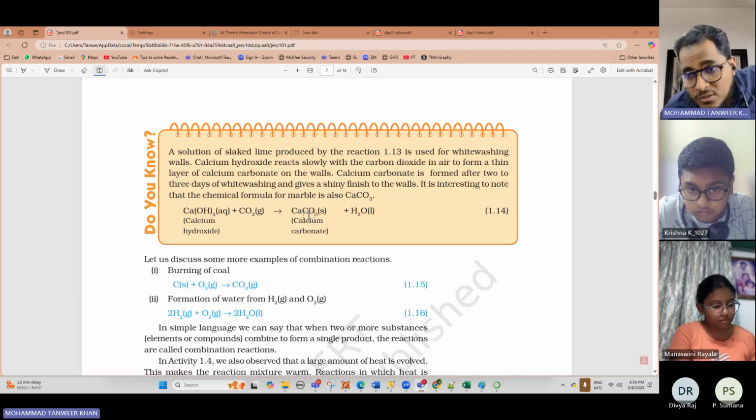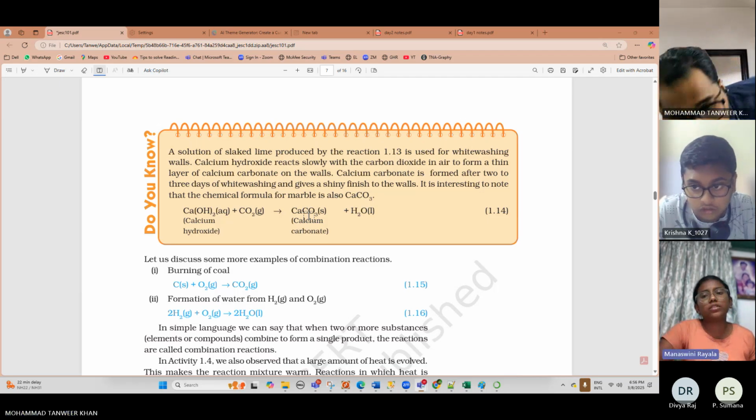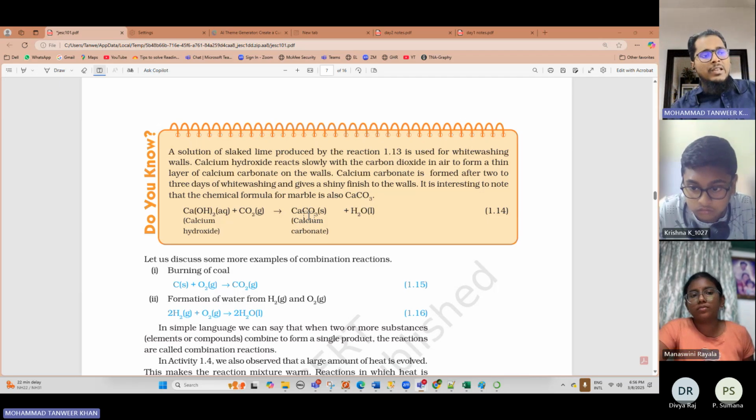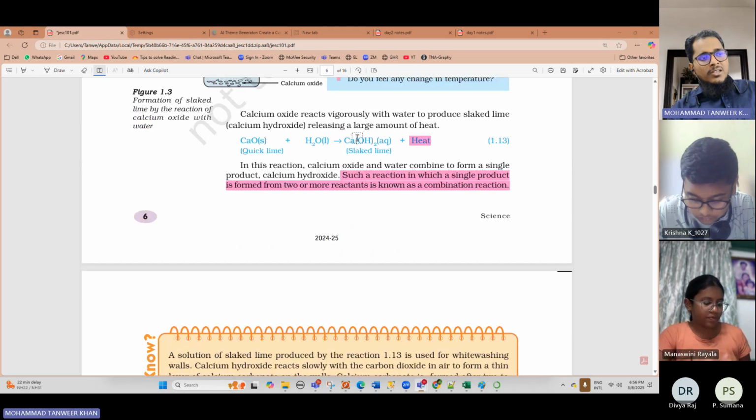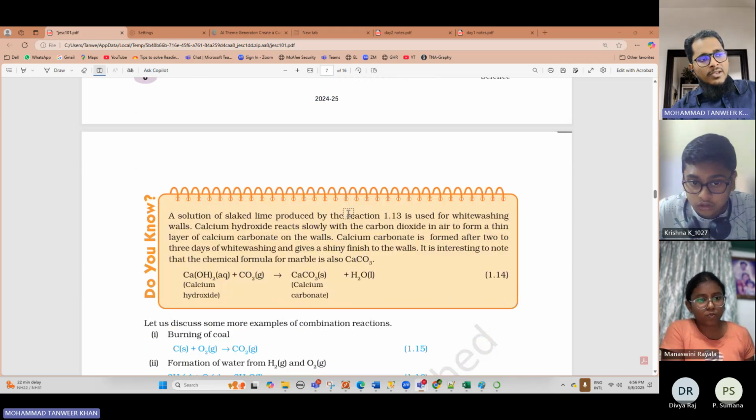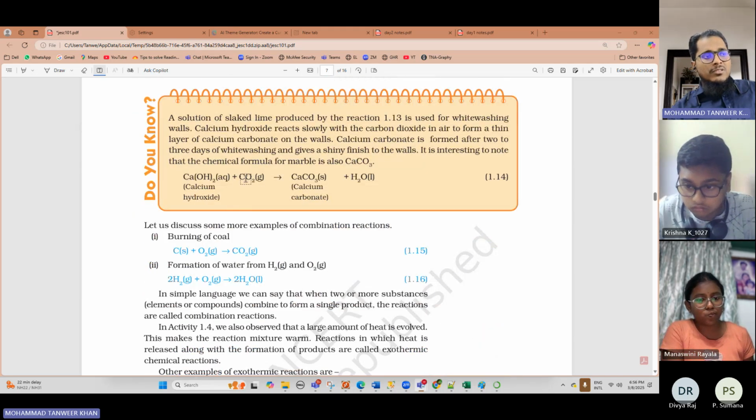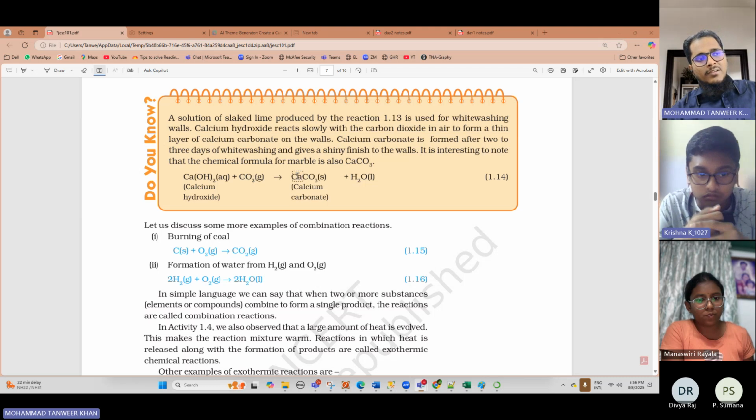You might have seen marbles in your house, right? So when calcium hydroxide, Ca(OH)2, reacts with CO2, carbon dioxide, it will produce calcium carbonate, which is your marble, and water.